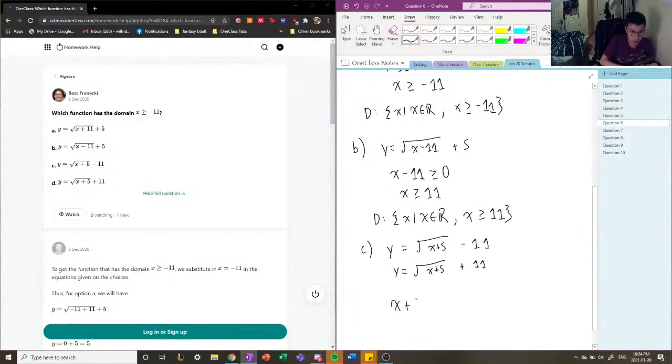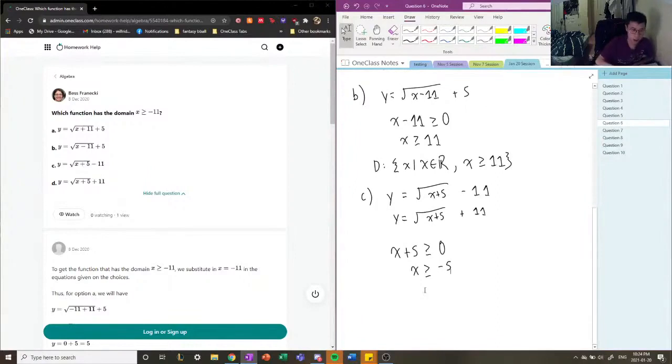What values of x make this inequality true, where x plus 5 is greater or equal to 0? We have found our answer: x is greater or equal to negative 5. As long as x is greater or equal to negative 5, our function is defined, and our domain here is x such that x belongs to all real values, but x has to be greater or equal to negative 5.